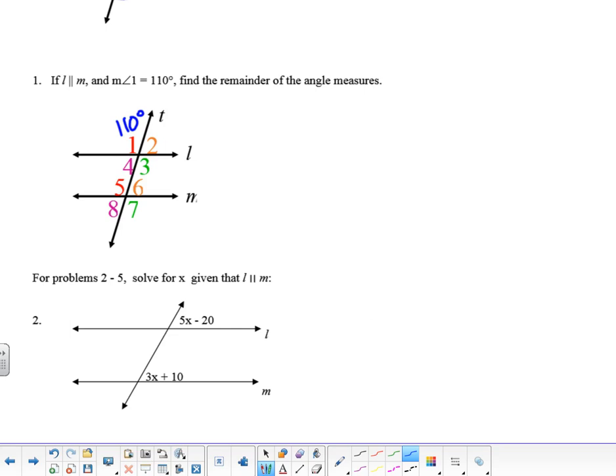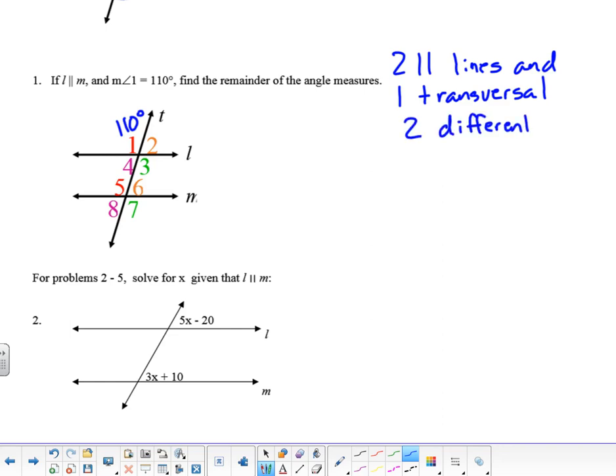When you have two parallel lines and one transversal, that means you're only going to have two different angle measures. So there's a lot of ways we can think about this. Here's a way to think about it.